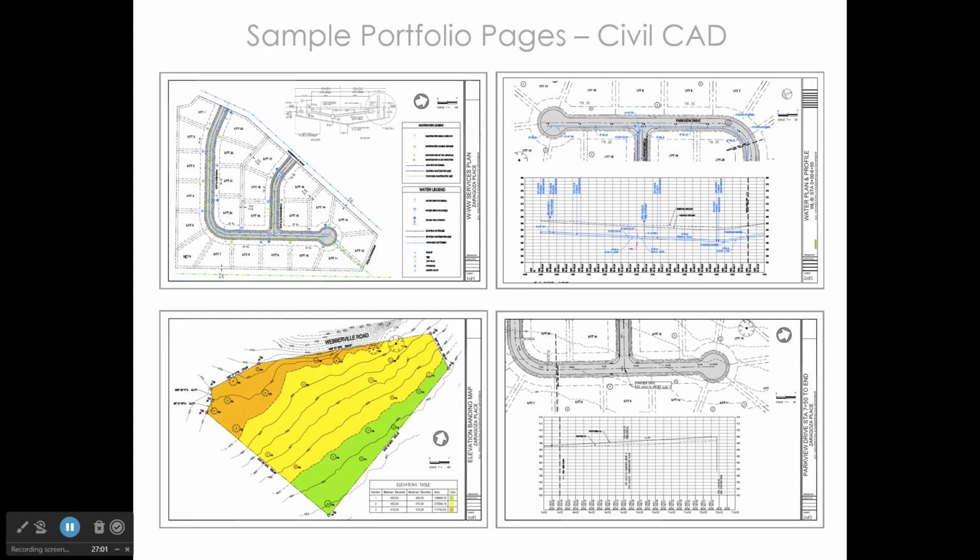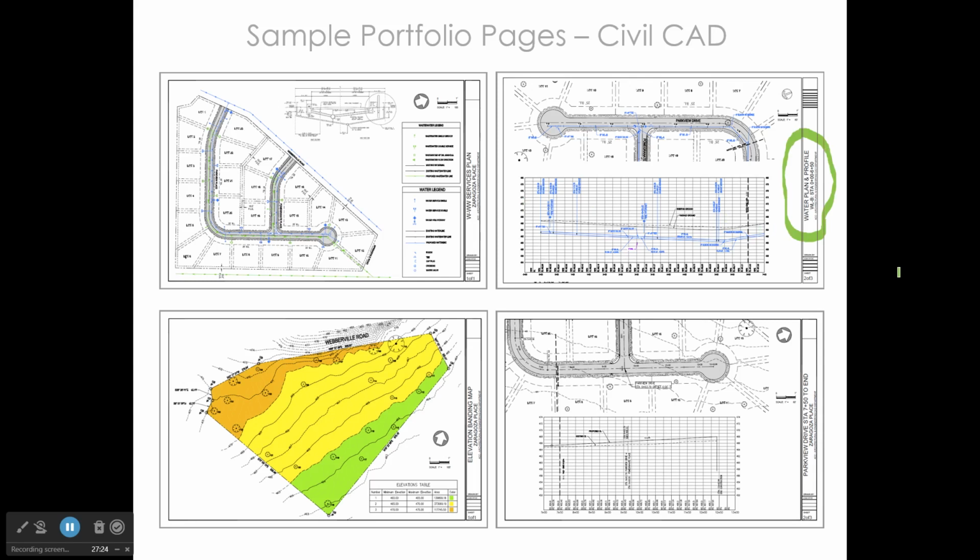Here are the sample portfolio pages for Civil CAD Portfolio. Again, this would be 4 17 by 11 sheets. These are really nicely laid out and pretty much show everything on the sheet, all the way including the title block and borders for that sheet.